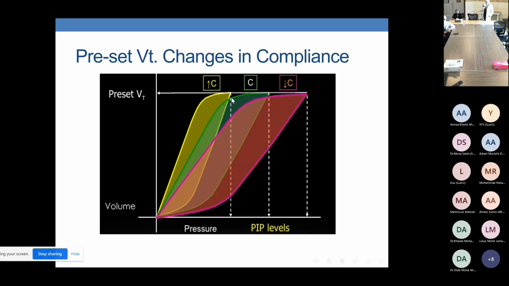You need to understand that the importance of volume guarantee is mainly for dynamic changes in the lung after therapy. It is very nice for RDS, but it doesn't work for a patient with chronic lung disease, because it is totally different. You have a totally different pathology with high resistance and a lot of secretions. So the volume guarantee doesn't work with chronic lung disease, but it works very nicely with a patient with RDS.